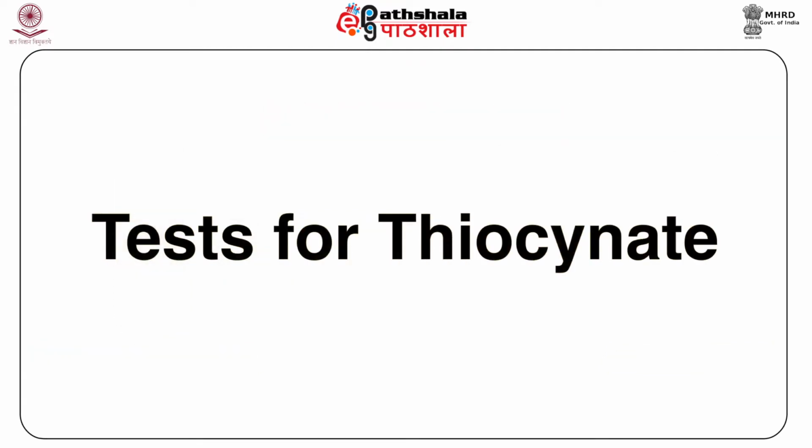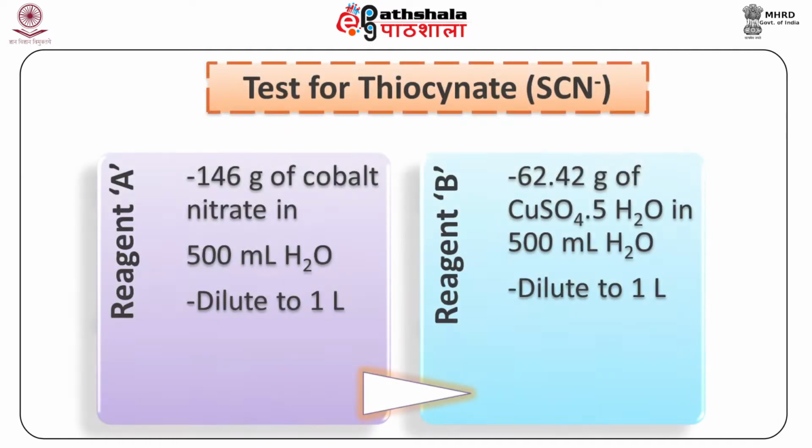Tests for thiocyanate. To test the presence of thiocyanate in the given sample, firstly, we have to make the following 2 reagents. Reagent A is prepared by dissolving 146 grams of cobalt nitrate in 500 milliliters of distilled water and then diluting it to 1 liter.